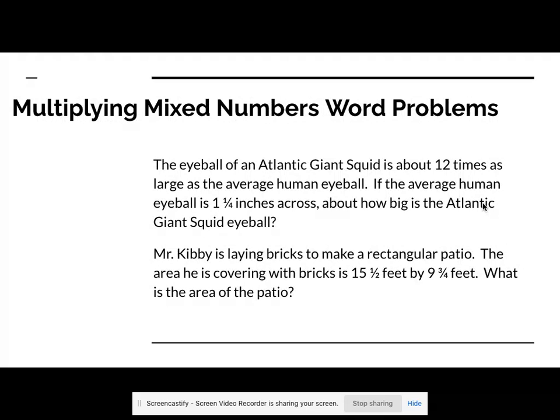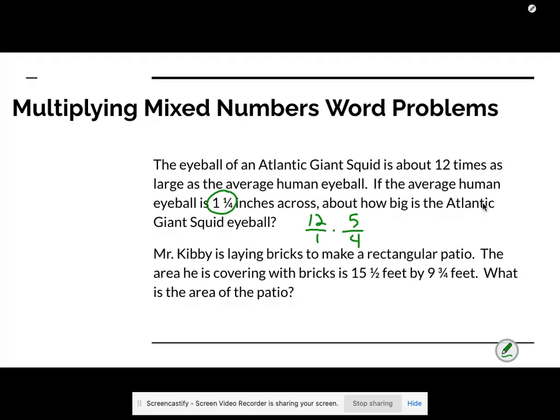Lastly, some word problems. The eyeball of an Atlantic giant squid is 12 times as large as the average human eyeball. If the average human eyeball is 1 1/4 inches across, about how big is the Atlantic giant eyeball? Well, I would do 12 over 1 times, making this into an improper fraction, I would get 5 over 4.